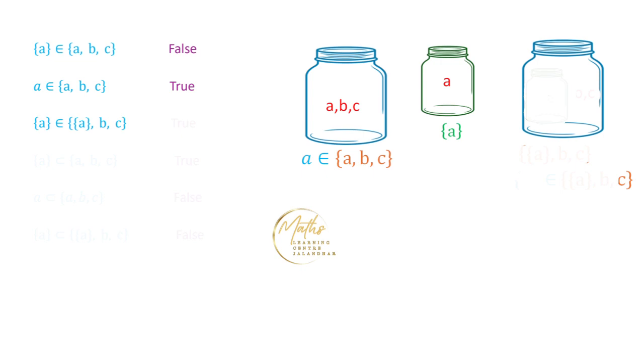It contains the set {A} means that there is another jar inside this jar, and we have an element A inside this new jar, and further we have two more elements B and C. So this situation is that a set contains the set {A}, then it has elements B and C.